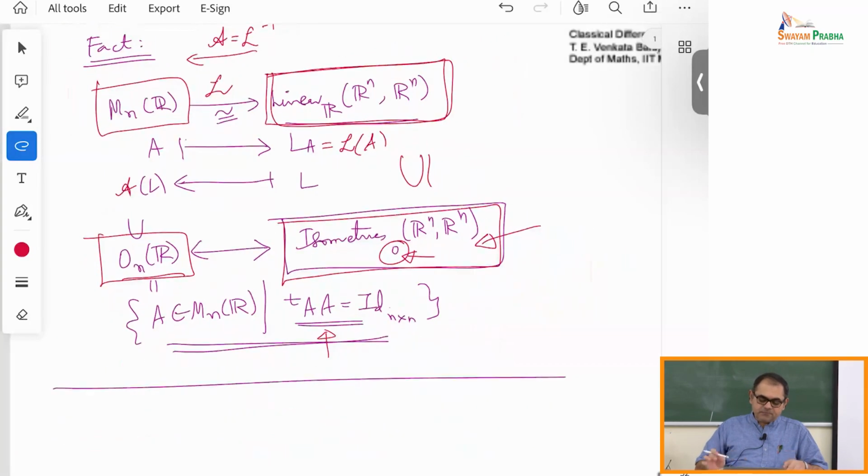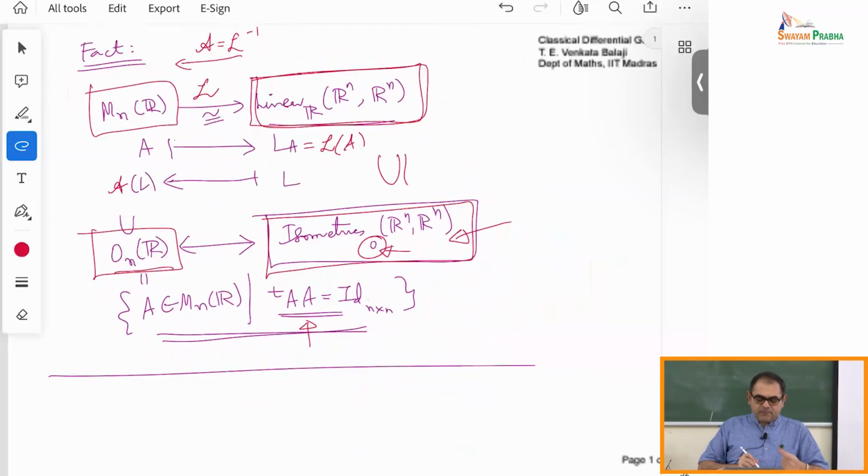Now for that, I am going to try to understand what the meaning of linear isometry actually is. I am trying to recall a lemma that we proved, that an isometry is linear is the same as saying that the isometry preserves the origin.